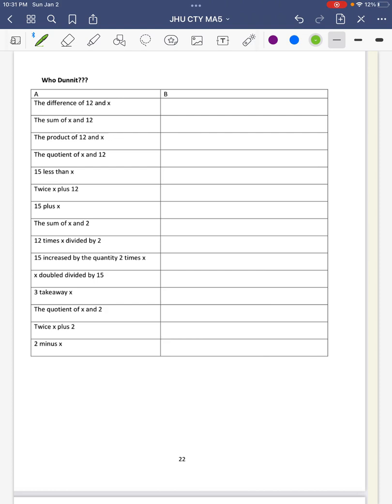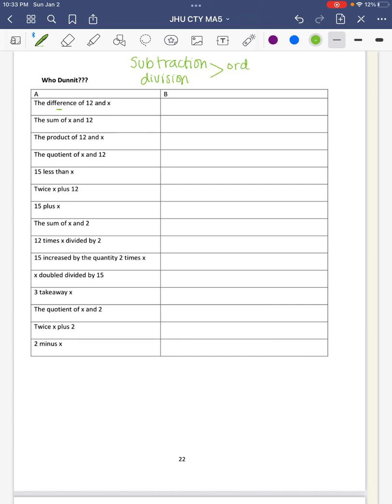So difference means subtraction. So I'm going to write just a little subtraction sign. And because it says 12 first, I actually have to put 12 first. That is important. Subtraction and division, when it comes to subtraction and division, order matters. Okay?